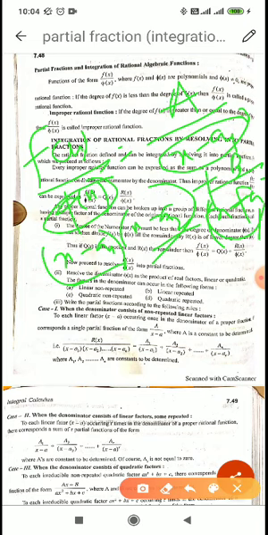Since these two factors are completely different, we can determine the values of a and b separately. Okay, this is one way.